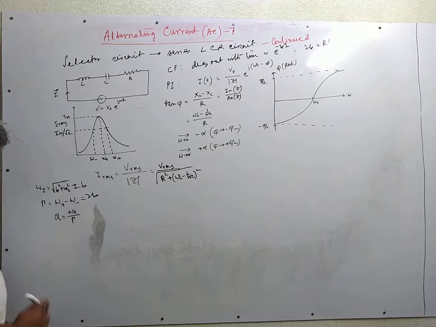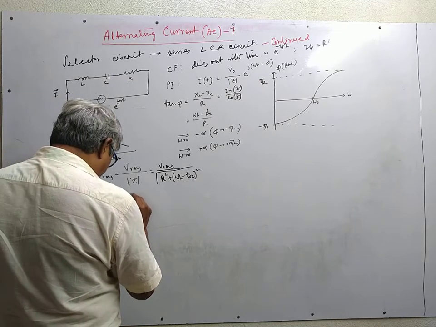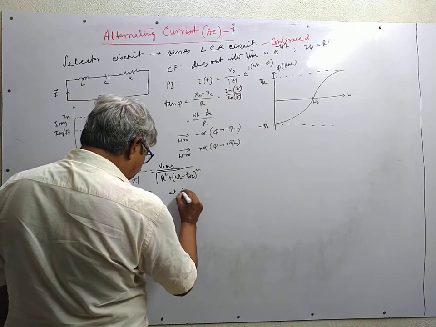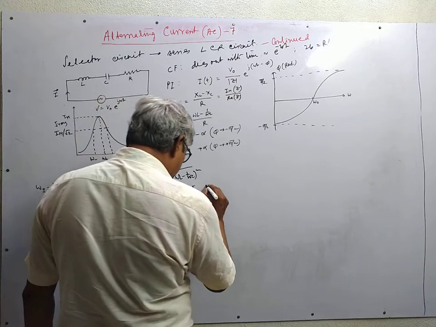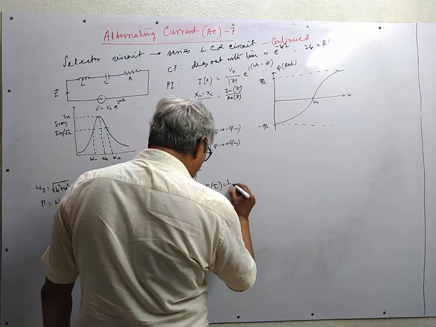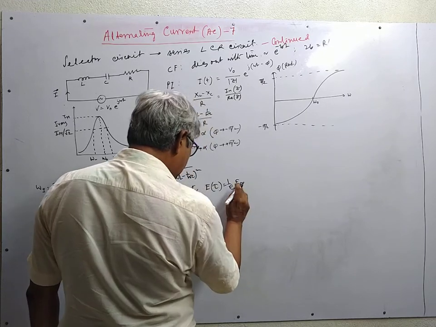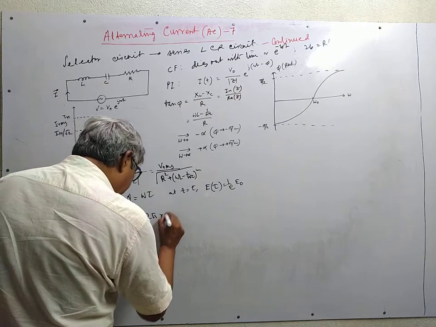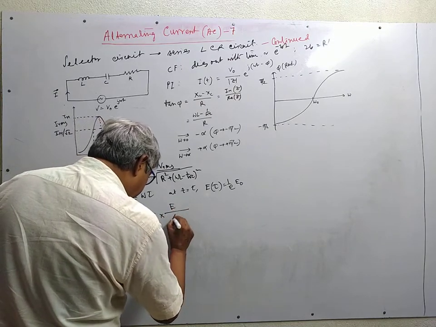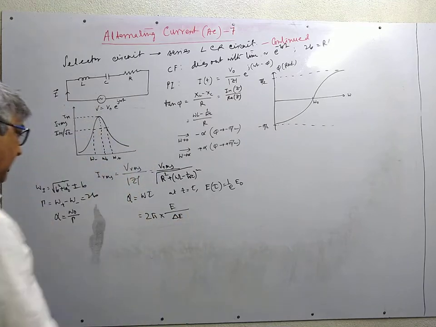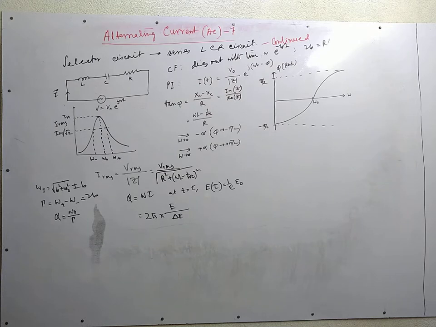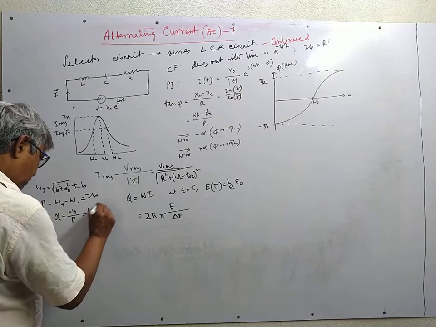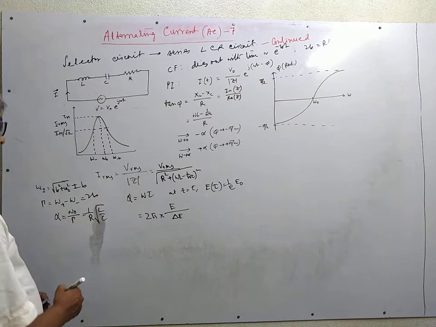The other key definition of Q factor is omega tau, where at t equal to tau, E tau is equal to 1 by e times E0, and it is also 2 pi times energy stored in the circuit divided by energy loss per cycle. We also obtained another expression, Q equal to 1 by R root over L by C. This much we have done in the earlier class.